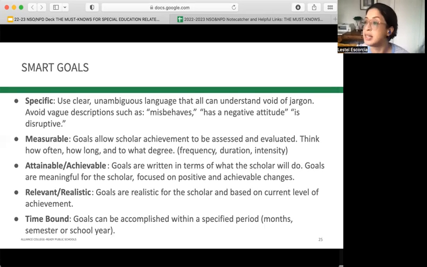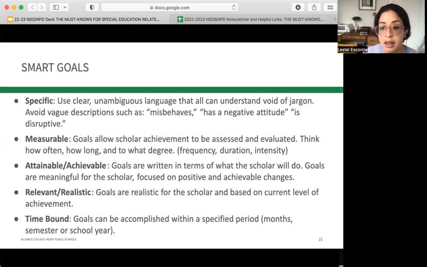So, if a student is currently able to follow directions in one of 5 opportunities, then we probably don't expect them to do that with 100% accuracy by the end of the year. So we're being realistic and setting the student up for success to be able to meet the goal. Make it challenging but not impossible, right?